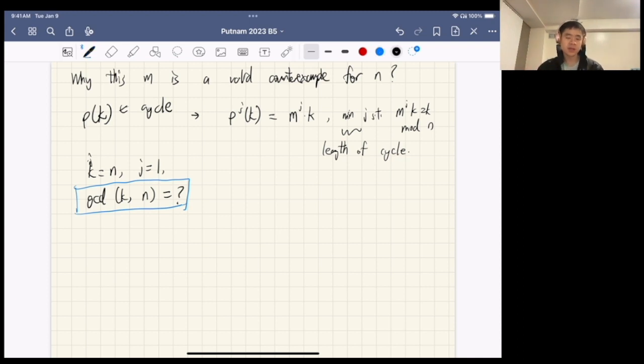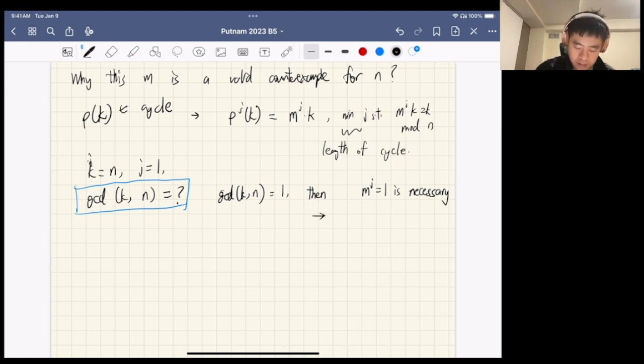One thing we can think of is when the GCD of k and n is equal to 1, for example. Then we basically need m to the j equals 1, and this would force j equals phi of n.